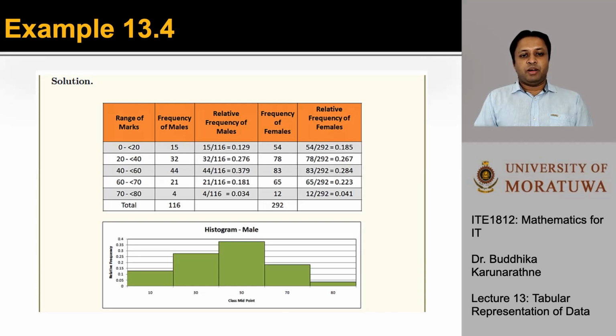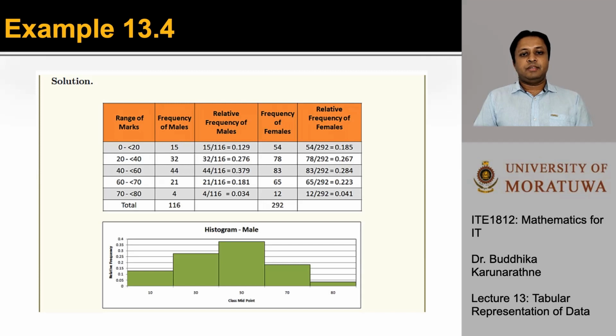For class number 1, the value is 0.129, class number 2, the value is 0.276, and so on. For all the classes, you draw the rectangles or the boxes accordingly. Then you arrive at the histogram with relative frequencies.